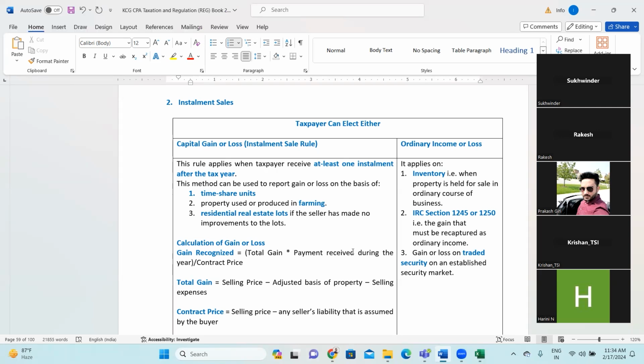Anyone else would like to add? It also includes contractual completion sales, and the ownership will be with the seller until the seller receives the last installment. Yeah, the key point is that till the time the seller receives the last installment, ownership will still remain with the seller.